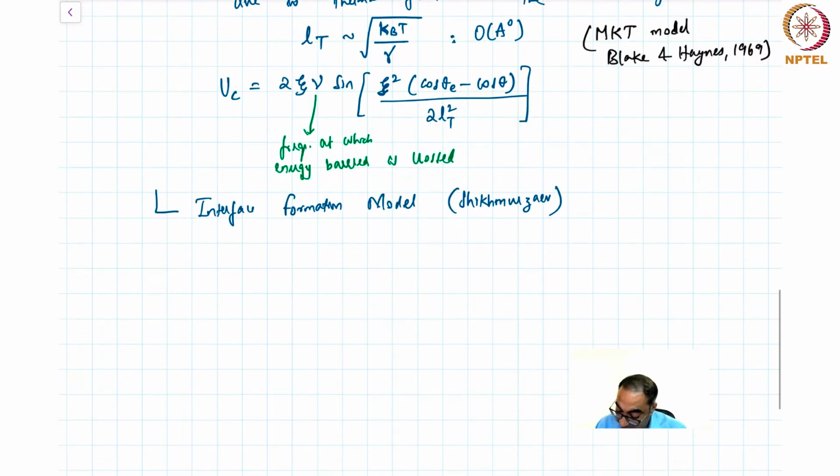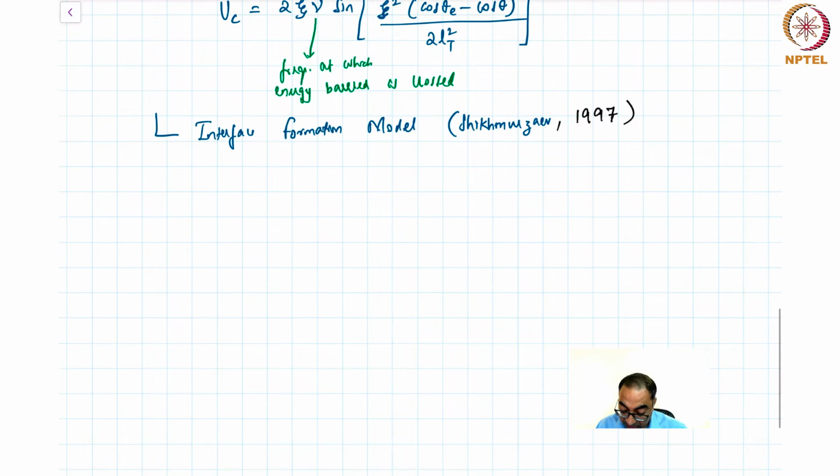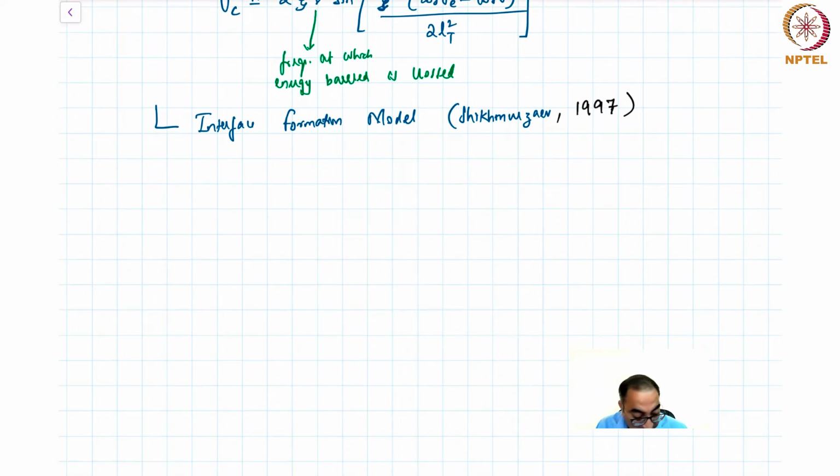And this is by Shikhmurzaev, and this is over several papers. If I recall correctly, 1997 is one of the important papers, but then there are several other papers, 93, 97, and then there is a book on the interface formation model. What is the idea of the interface formation model? The model essentially treats the surface tension. It basically looks at an interface when an interface is present near the solid.